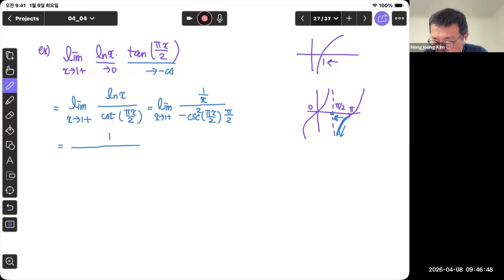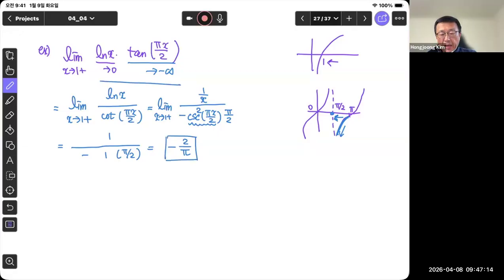So the cosecant squared of pi x half will converge to the value 1. So negative 1 times pi half, so the limit will be minus 2 over pi. That is the limit of this product as x approaches 1 from the right.